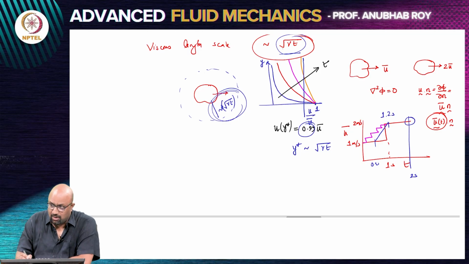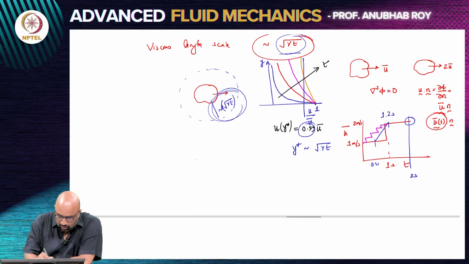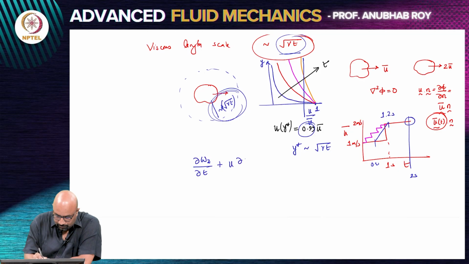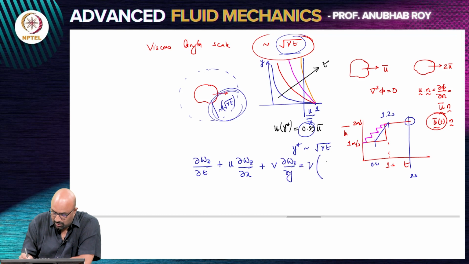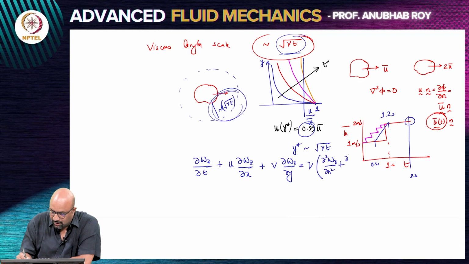For this particular 2D problem, the vorticity equation is: dou t of omega z plus u dou omega z dou x plus v dou omega z dou y equals the kinematic viscosity times dou square omega z dou x square plus dou square omega z dou y square.